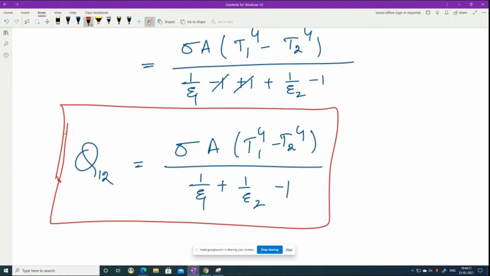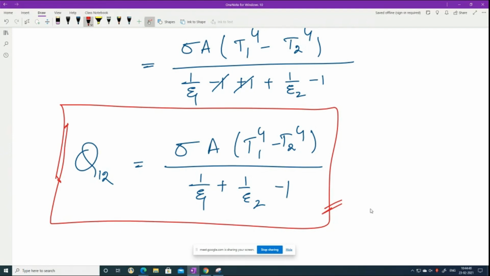So the same thing you can do both ways. Either you can do it using the derivation or simply using this resistance concept. Mostly we will be using the resistance concept as we go ahead in our calculations. But in the exam, he may ask you the derivation also. That's why I told you the derivation.